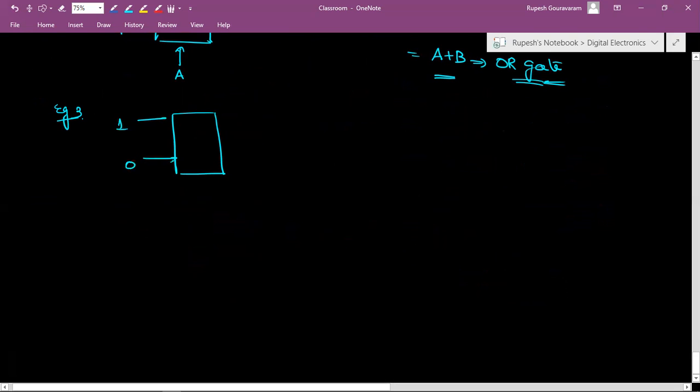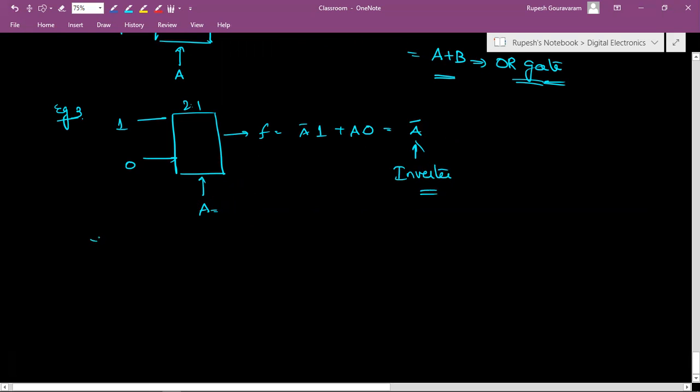This is 1. Let us take this as 0 and the select input as A. So this is also a 2 is to 1 mux. What is the function output? This will be M naught I naught plus M1 I1. M naught means A dash into 1 plus A into 0. So this is A dash. That means whatever A you supply, you are getting the final function as A dash. That means it is inverted.